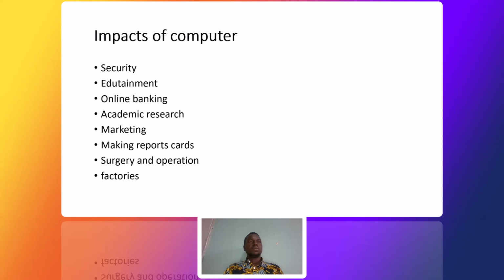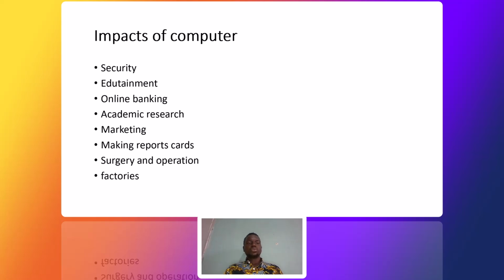Then edutainment: you go online, like to YouTube, and you find entertainment, but it is a form of edutainment. What do I mean by edutainment? It gives you knowledge about things, but it is sent through a computer for entertainment. Actually, the meaning is to educate people.